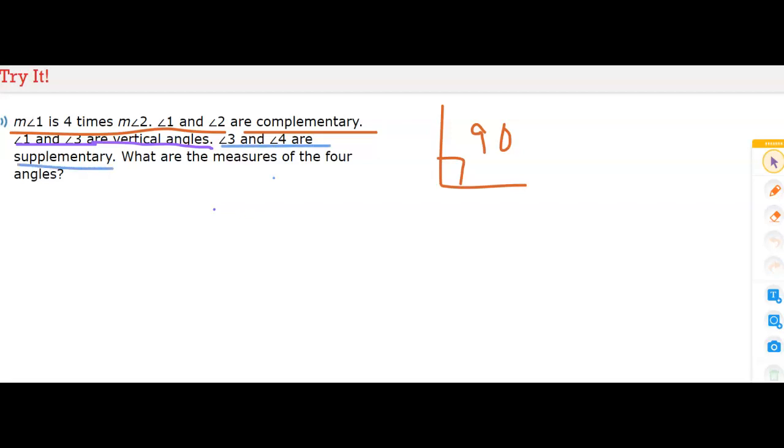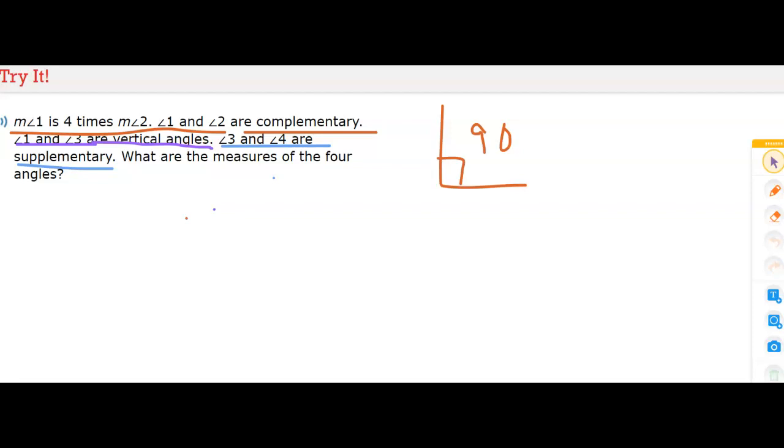All right, so let's start with the complementary angles. Angle 1 and 2 are complementary. Now I have to try to draw this out so I can see what this might look like.